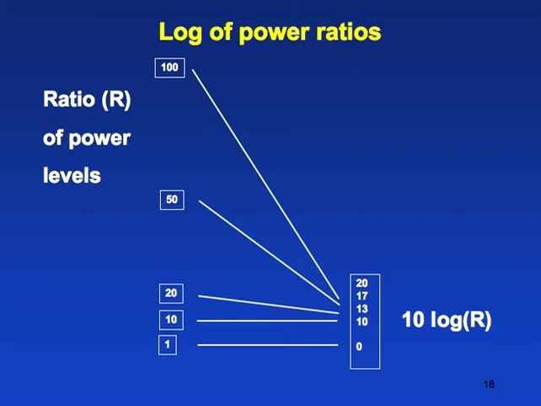They'd be the same as these, but negative. So a fraction turns into a negative logarithm, a negative dB. So 10 dB would be a factor of 10 more, and minus 10 dB would be a factor of 10 less, 1/10.